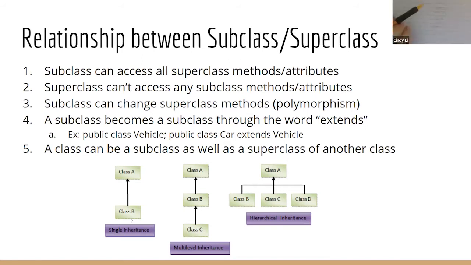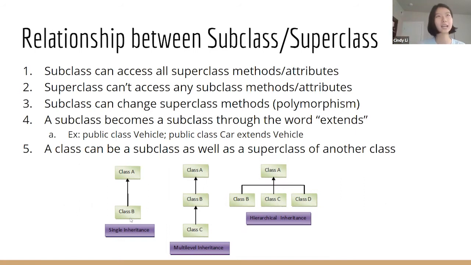Okay, so here we have Class A. Class A is the smallest circle. Class B inherits Class A, so it contains everything that Class A has. Class C inherits Class B, so it contains everything that Class B has, which also happens to be everything Class A has. Does that make sense? That is multi-level inheritance. And we can keep going.